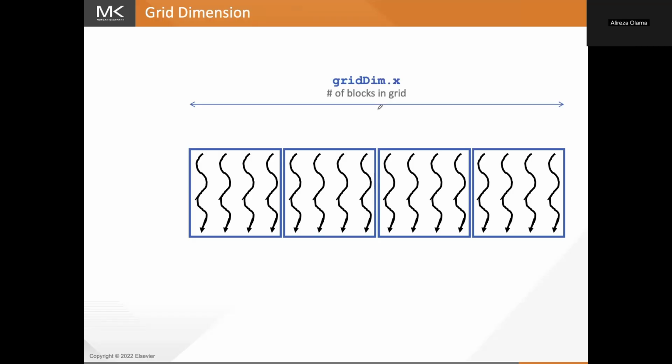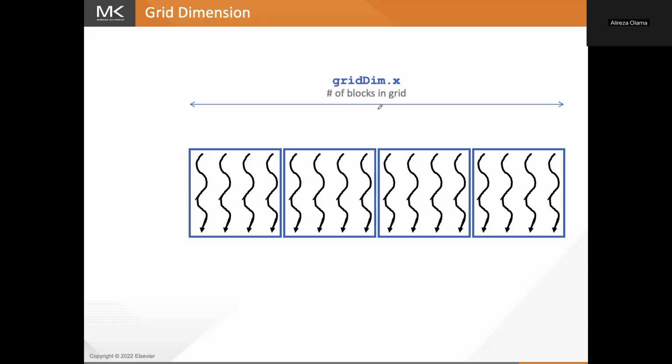Okay, so now let's see how we can implement that kernel. As I mentioned, CUDA organizes threads into grids of thread blocks, right? And then it assigns an index to each block and a local index to each thread.